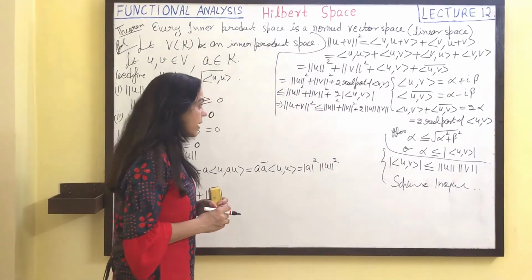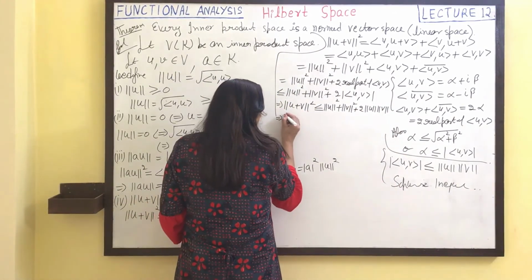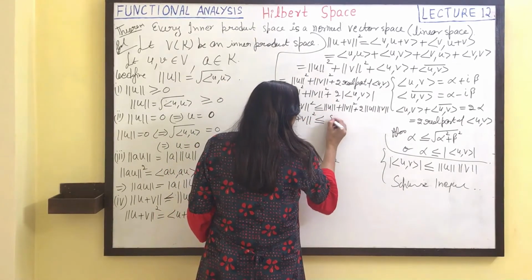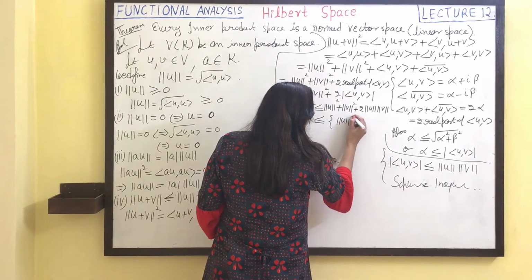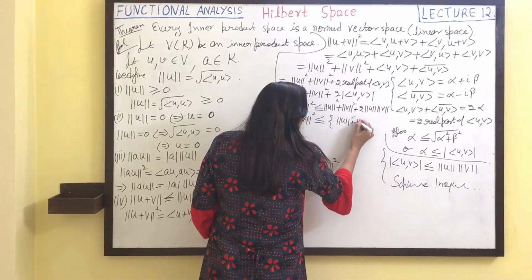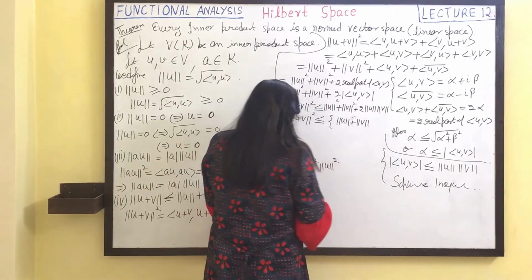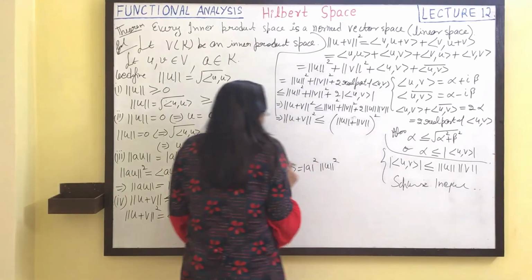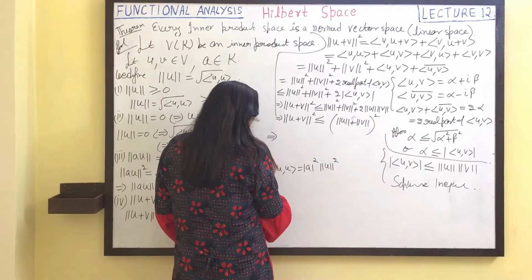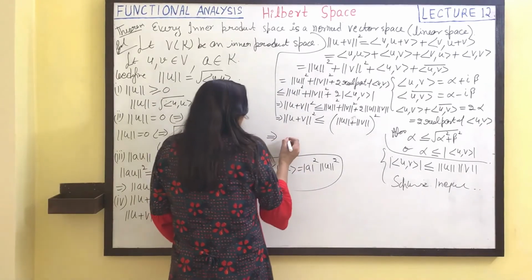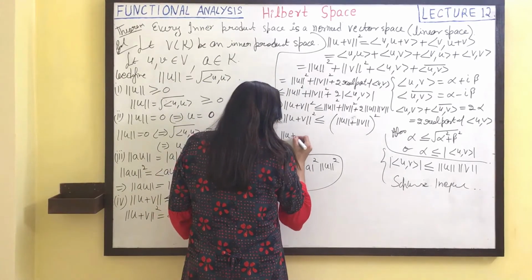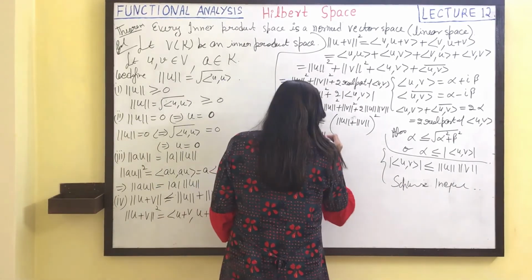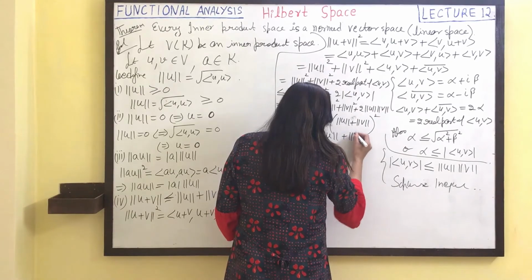Okay, and again it is norm u plus v squared is less than or equal to norm u plus norm v whole square, and again taking square root we can write norm of u plus v as less than or equal to norm u plus norm v.